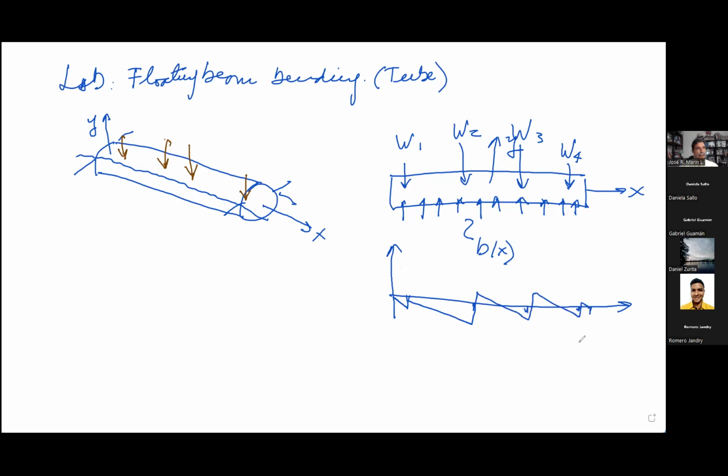So this is V. Similarly, you go for the bending moment, something like this. There are some changes in curvature at each of these points, but I don't want to draw too much. So that's basically the problem of the hull.